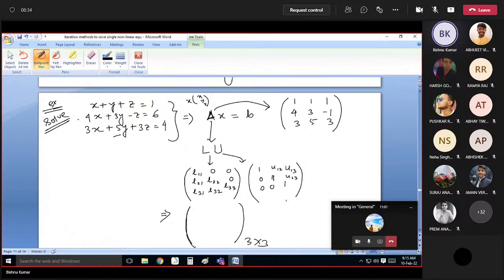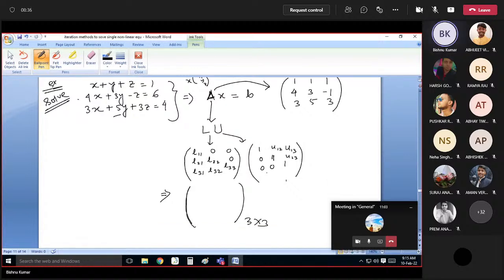That is your work. Now the logic is that if you multiply these two matrices, you will get 9 elements, 3 in every row. Comparing these 9 elements with the original coefficient matrix, you will get 9 equations.